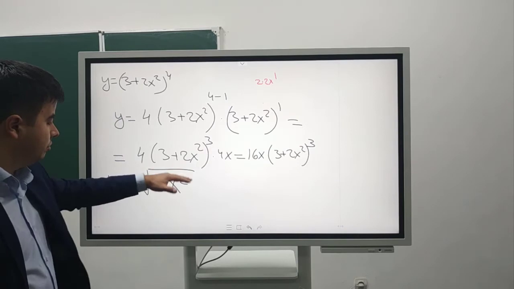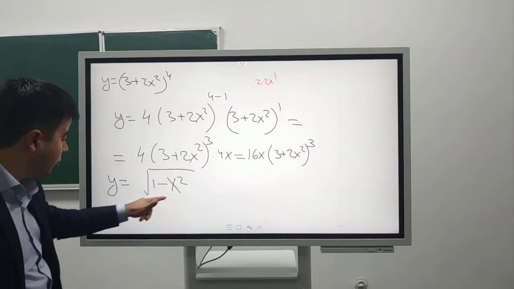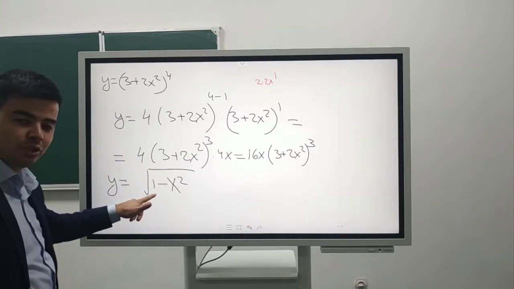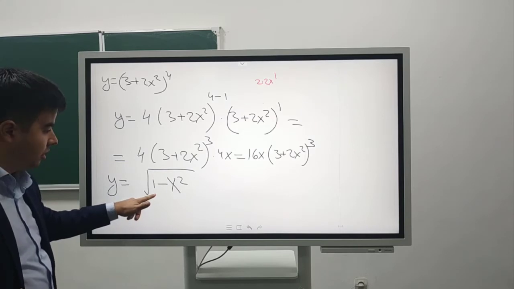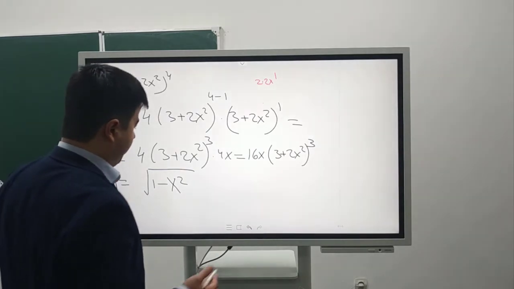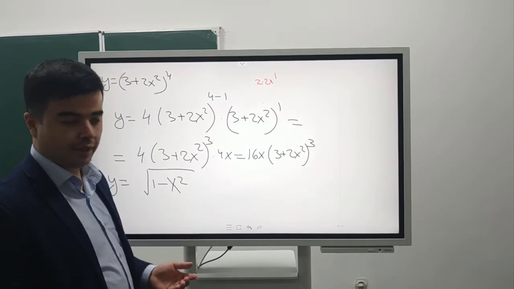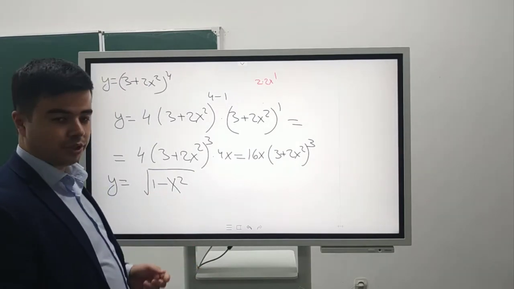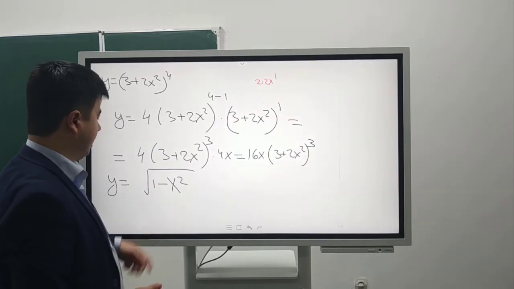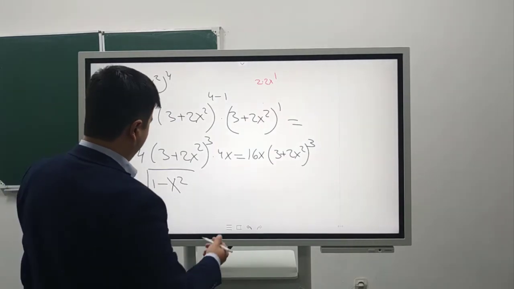This is the main one, and inside we have this second function also, 1 minus x squared. So now, firstly, we need to use the derivative for the square root, and then for this function which is inside of our function. Okay, this is g.